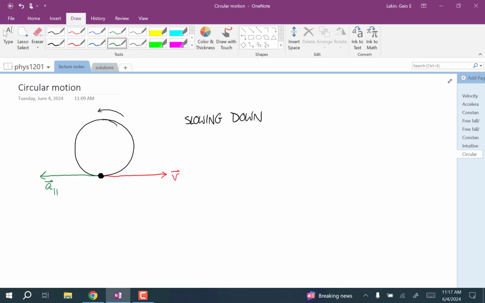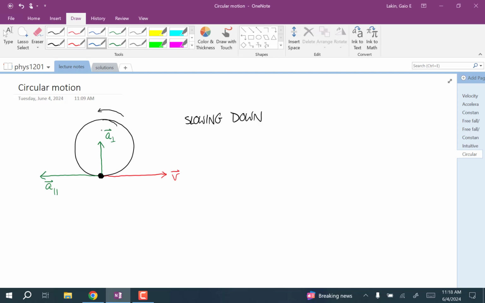And then last, we have to figure out which perpendicular direction to these is the object turning. It would keep going straight along this straight velocity line if it wasn't turning. So we know it has to be turning, and the direction it's turning is this way. With a circle, you can just always think of it as toward the center of the circle. So here's our A perpendicular. And we already understand all that.